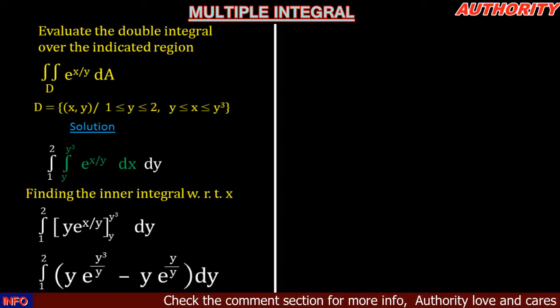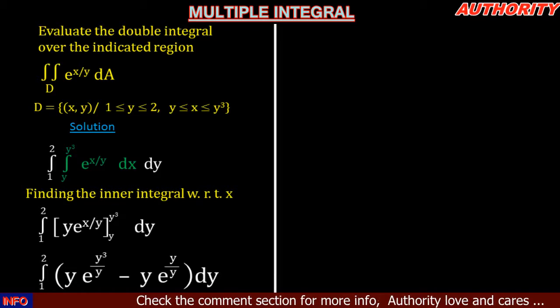Now we have ye raised to power x all over y. In place of x, we replace it with the lower limit, which is y. Okay, so here we have the integral over the region 1 to 2 ye raised to power y cube all over y minus ye raised to power y all over y.